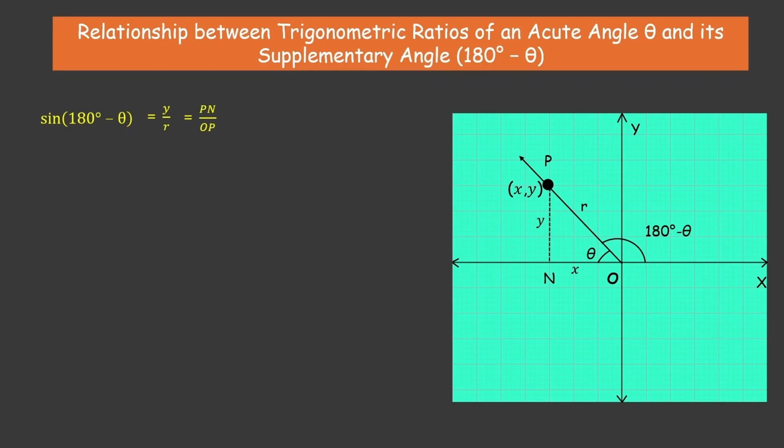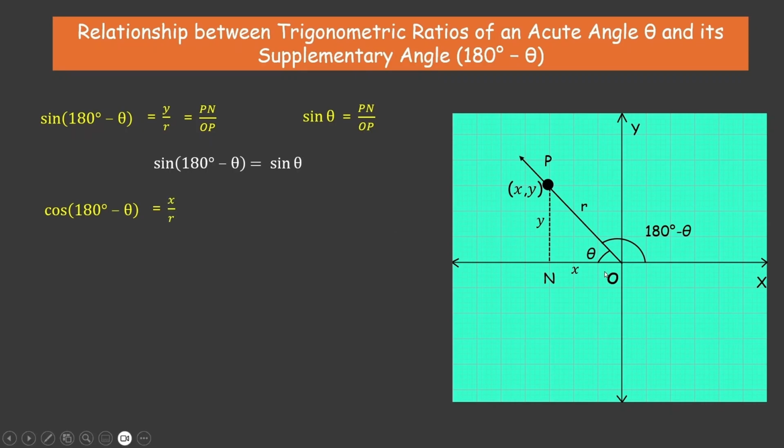But if you look at this right angled triangle PON, here sine theta is PN upon OP, y upon r, that is PN upon OP. So from both of these equations, we see that sine of 180 minus theta is equal to sine theta. Next, if we look at cosine of 180 minus theta, which is the x-coordinate of P upon r.